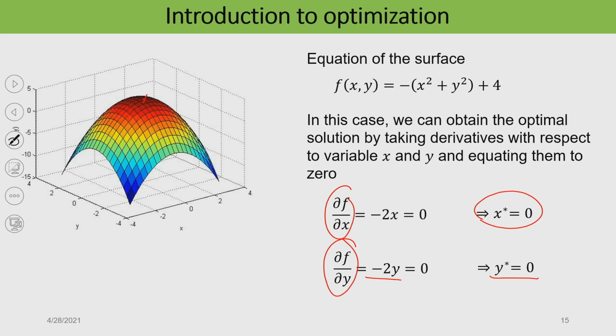Therefore, the optimal solution of this function, the maxima, is at (0, 0). I think you have already solved this type of problem at your school level. What we are doing here is taking the derivative and equating it to 0, since the derivative value is 0 at the optimal point. Thank you very much.